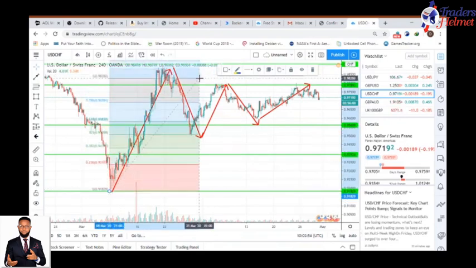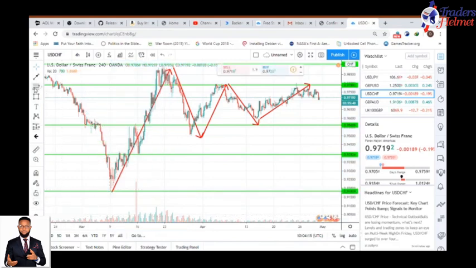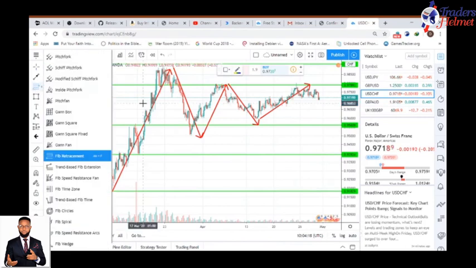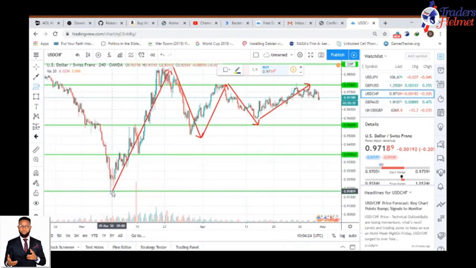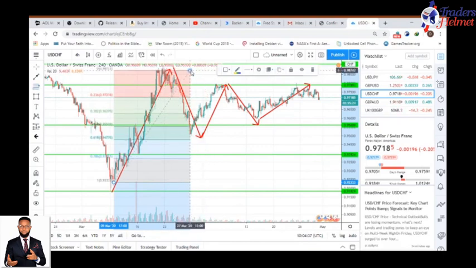Let me check that again. So to the highest point, you can see where the price did its retracements.